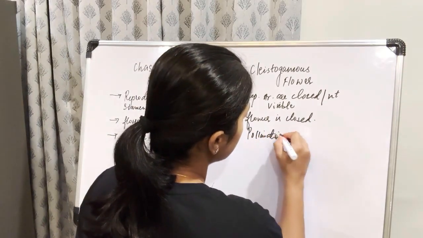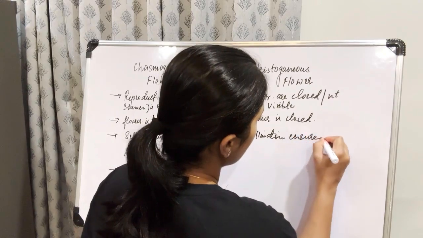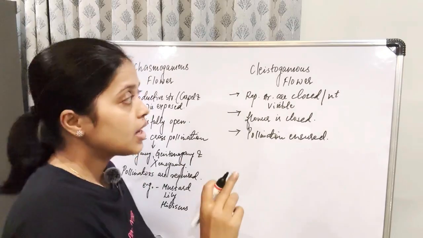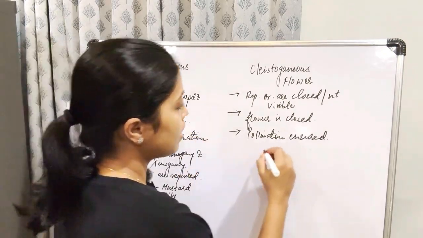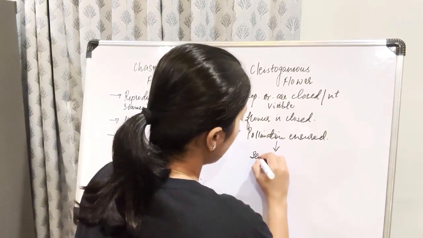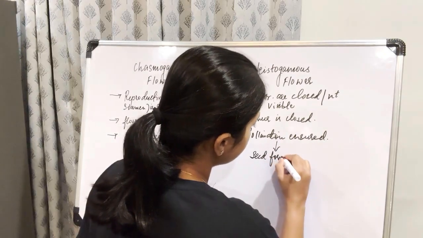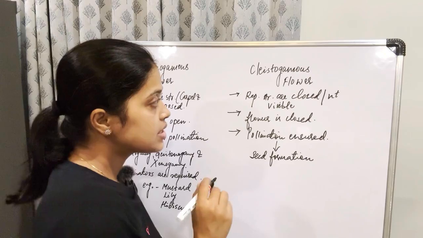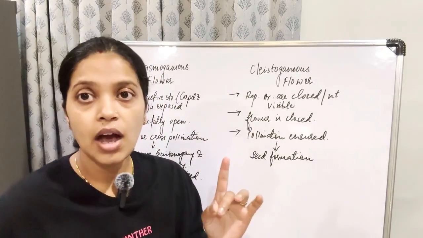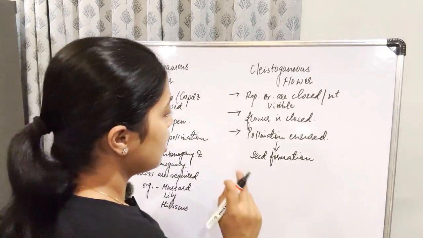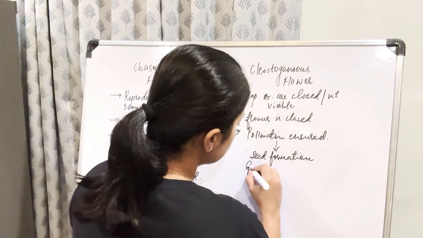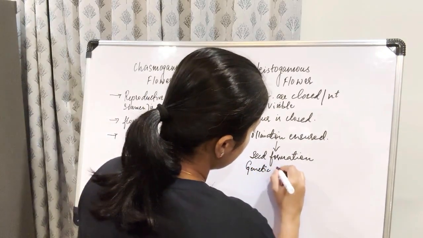So it ensures the pollination. So here the pollination is ensured. Because of that, in Cleistogamous flower seed formation always occurs, and since there will never be a cross pollination, it will always be a self pollination, so it creates a genetic purity.